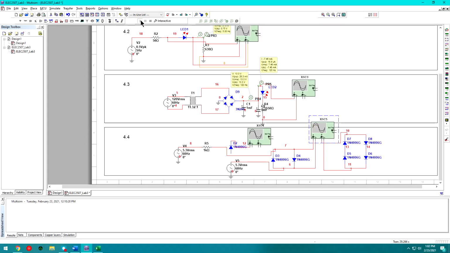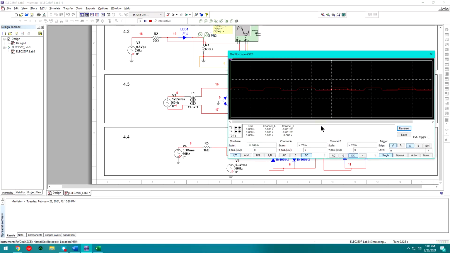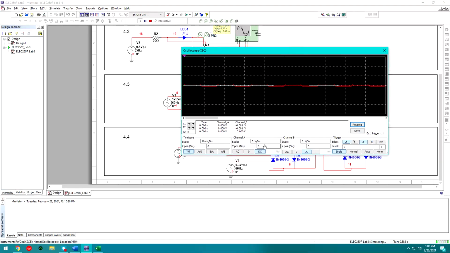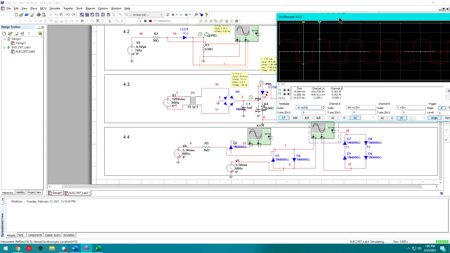So if we go ahead and run the simulation, and we'll decrease the scale just to make our waveform a little bigger for us, and we'll go ahead and bring in the cursors again. We can see we go up 600 millivolts and down 600 millivolts. So we're getting quite similar to what we had in the previous scenario on the bottom of the waveform, right?